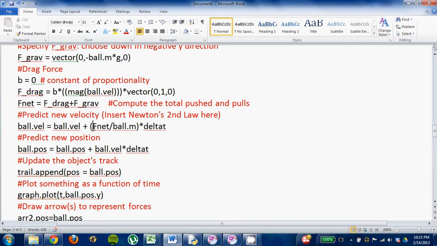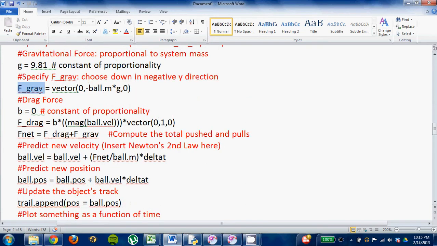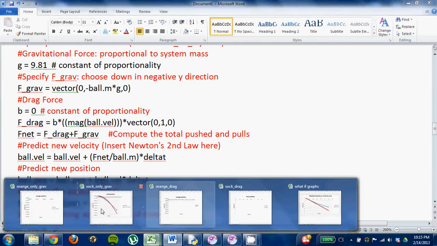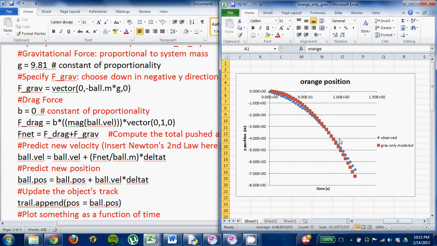The important part is that the F net used in these equations was a combination of gravity and drag. Now at first all that was done was gravity, and drag was just set to 0 so that it wouldn't have any effect, and we could see the difference in the models between what actually happened and what happens if you predict only with gravity.